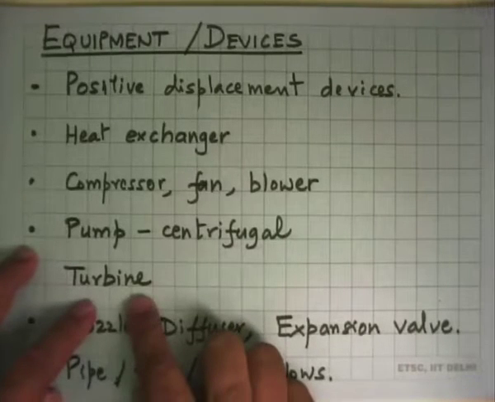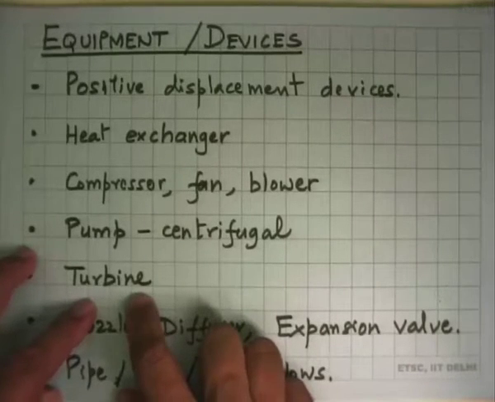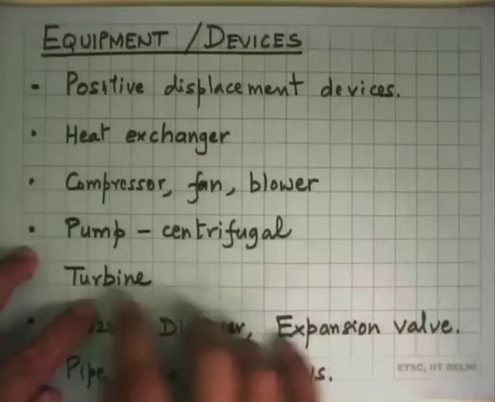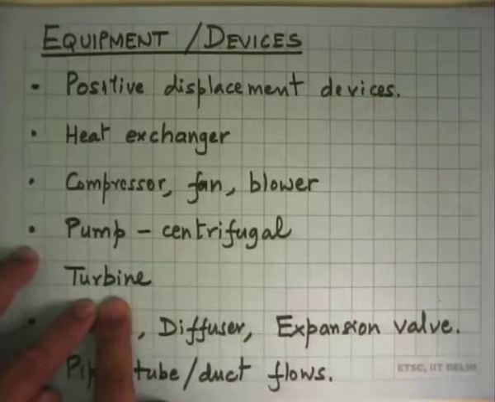Then we'll look at a turbine. So this is a device in which we put either steam or gas and expand it and get work out of it. That work can be used either for propulsion or for generating electricity.